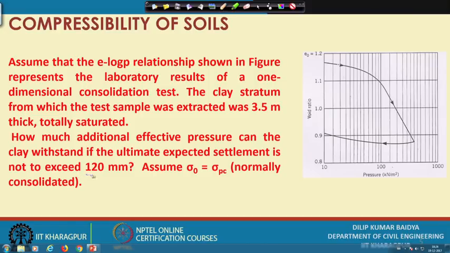So, in the earlier problem, I have not given the e log P curve; there I have given sigma 1 dash and e 1, sigma 2 dash and e 2. So, here actually I can find out, this is a straight portion, I can find out one point here, another point here. I can read what is the value of sigma and what is the value of e at each.